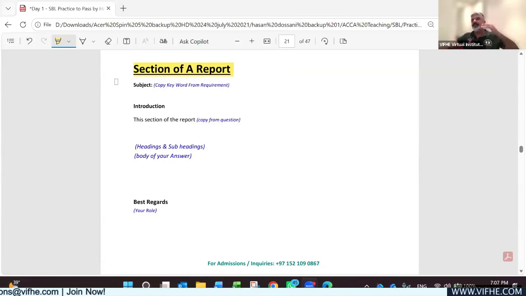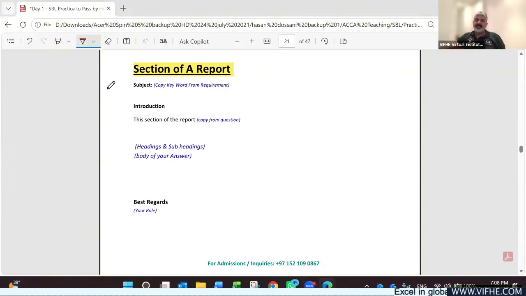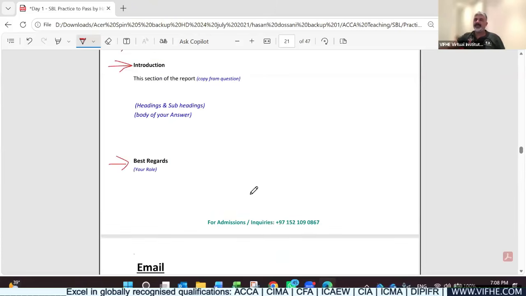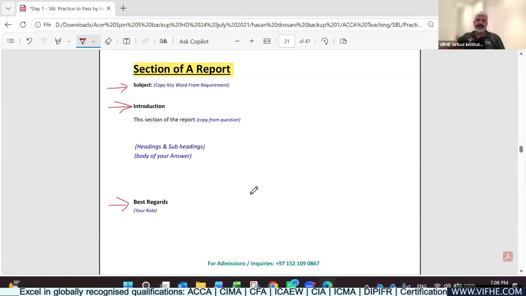So we will not write to, from, subject, date, we will skip some of them. In a section of a report, just mention the subject, that's it. Start with the introduction and then the closure. That's it. Very simple format.